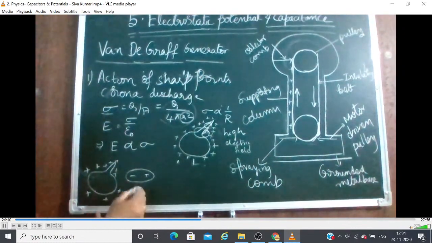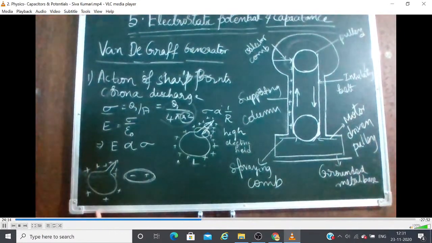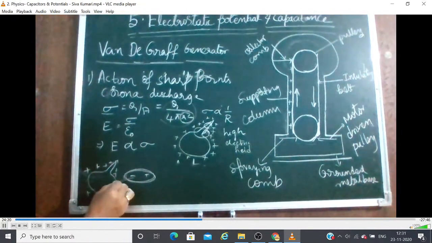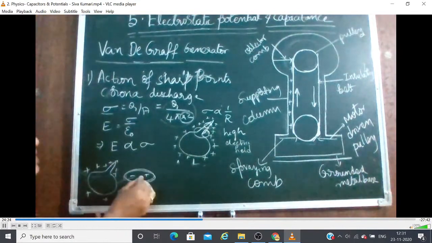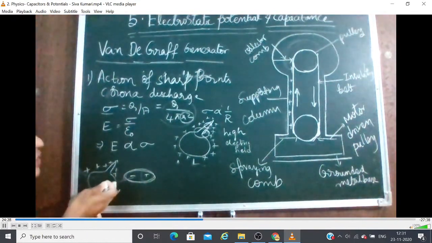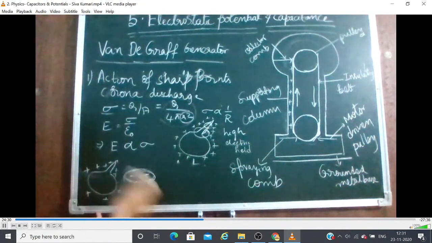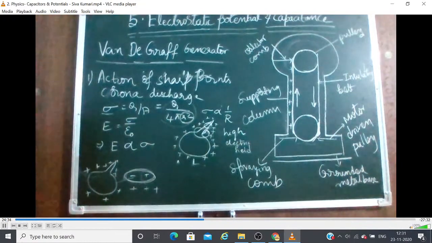Then it ionizes the air molecules around the conductor. It attracts the negative charge towards the positive charge, and the positive charges which remain are repelled in the form of discharge.